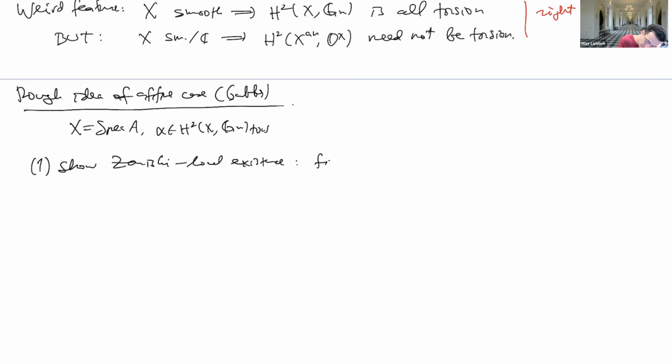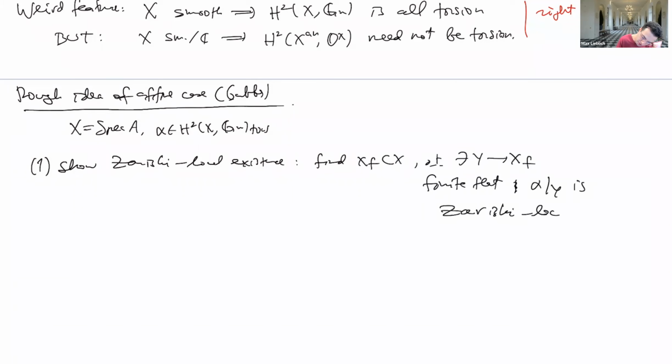You find opens X_f inside of X so that there exists Y over X_f, which is finite flat, and alpha restricted to Y is Zariski locally trivial.